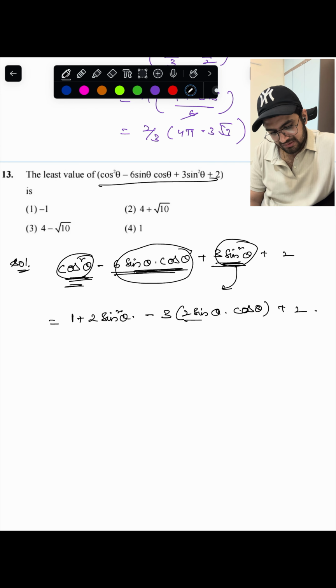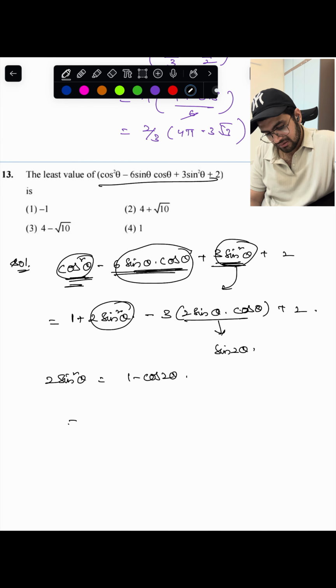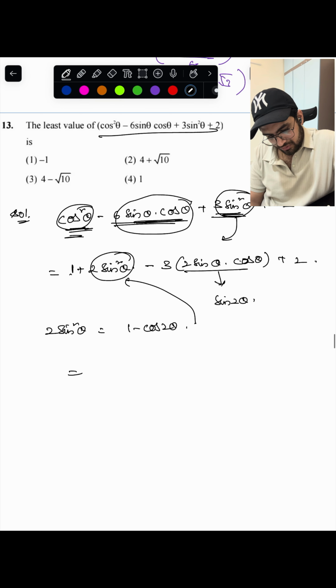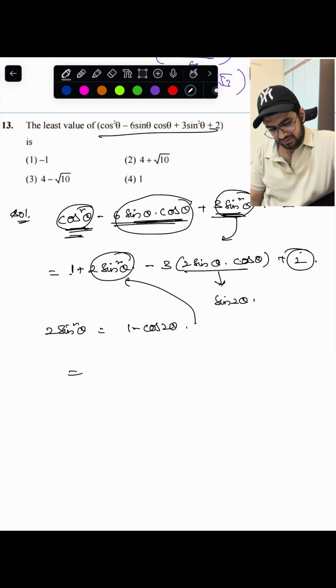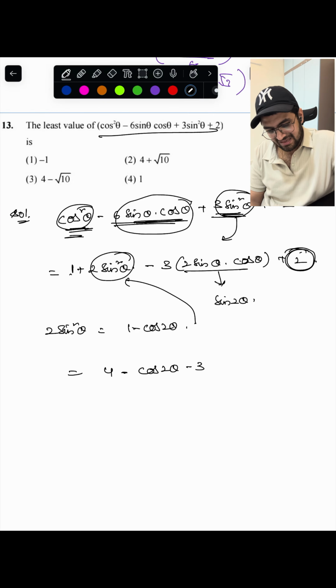This is nothing but sin 2 theta. Now I can write 2 sin square theta as 1 minus cos 2 theta. Substituting, 1 plus 1 is 2, 2 plus 2 is 4. So 4 minus cos 2 theta minus 3 sin 2 theta.